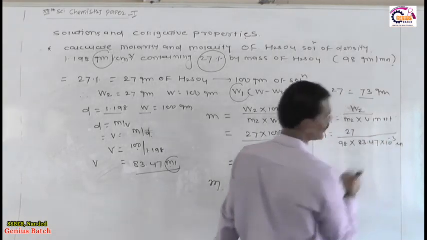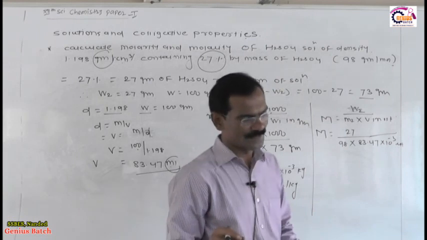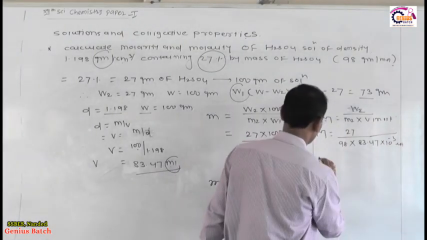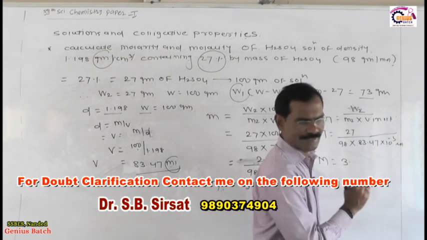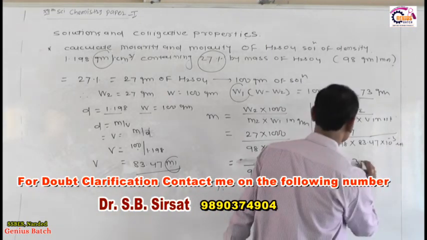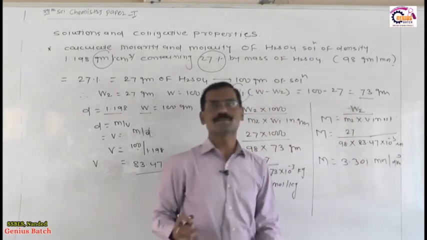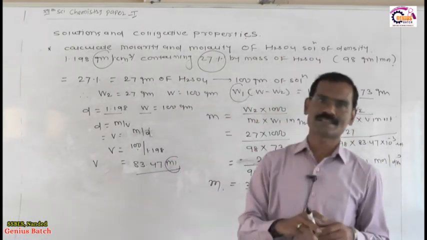Yes or no? This is in liter. The value of capital M becomes 3.301 mole per dm cube. So these are the ways by which we express the concentration of solution.